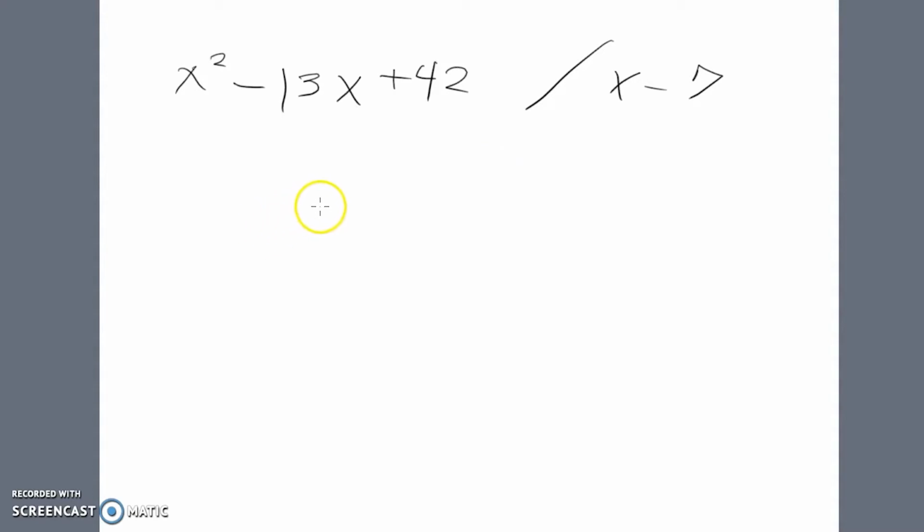This is the solution for the item. Divide the first term of the dividend by the first term of the divisor. Then multiply this by the divisor. Subtract these two by changing the signs and adding.